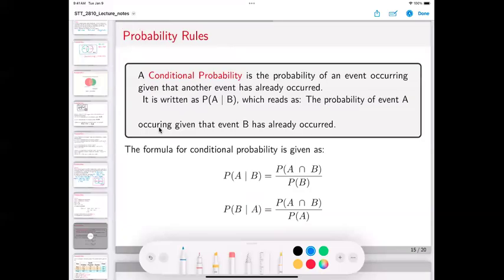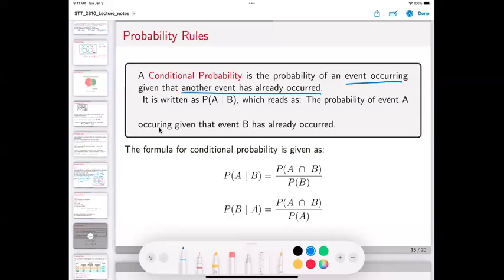Now, we are going to talk about conditional probability. A conditional probability is the probability of an event occurring given that another event has already occurred.